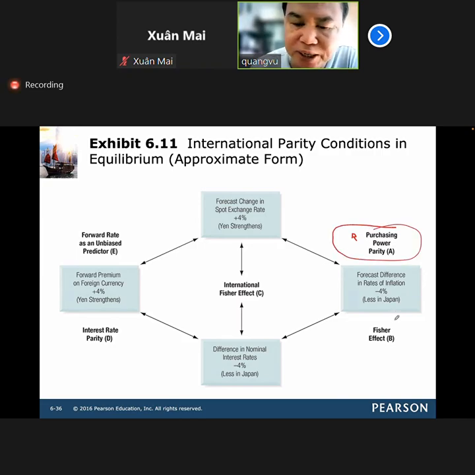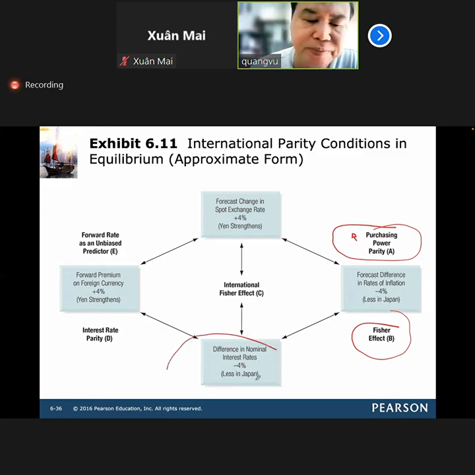The second theory, the Fisher effect, tells you the relationship between nominal rate, real rate, and inflation rate. Based on the Fisher effect, after you learn about inflation in Vietnam relative to inflation in the United States, you can predict changes in the nominal rate in Vietnam and the nominal rate in the United States.